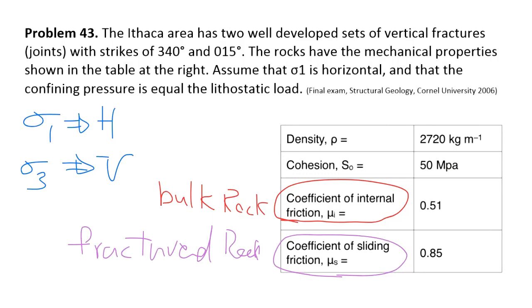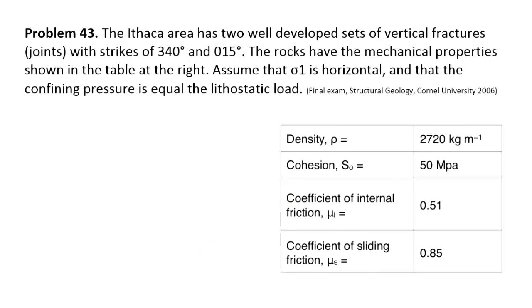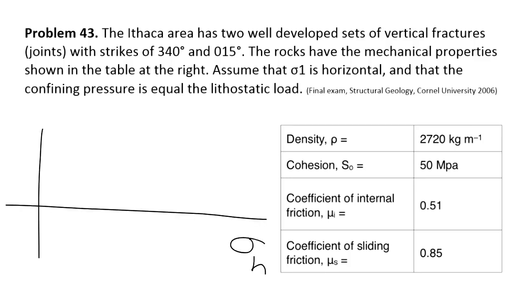So how do you actually put these three numbers in the graph? I'm going to draw my sigma n and sigma s axes, and as you know, we can draw our internal friction angle, something like that.